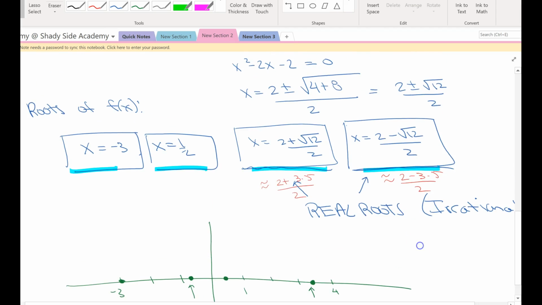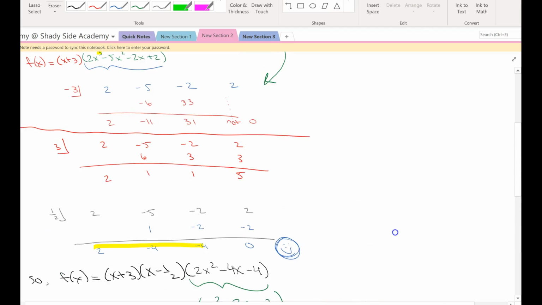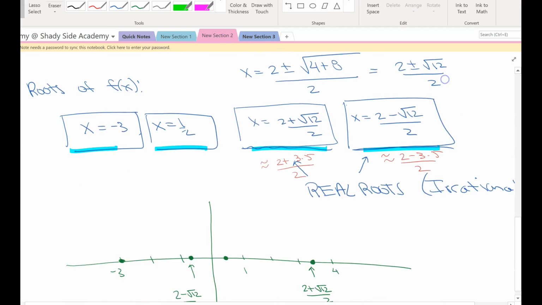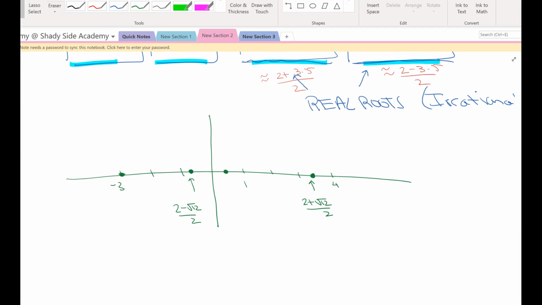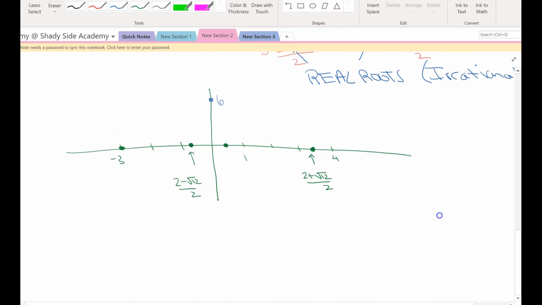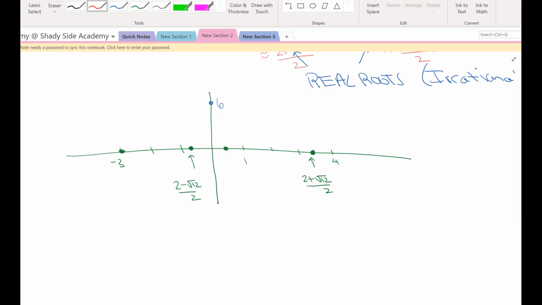Okay, what's the y-int of this bad boy? Y-int is positive 6. Here we go. I'm going to play a little loose and free with my scale. Lead coefficient is positive. That means my right end is going to rise.